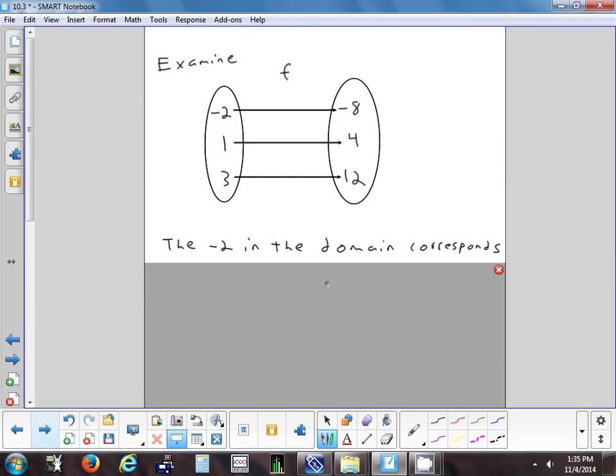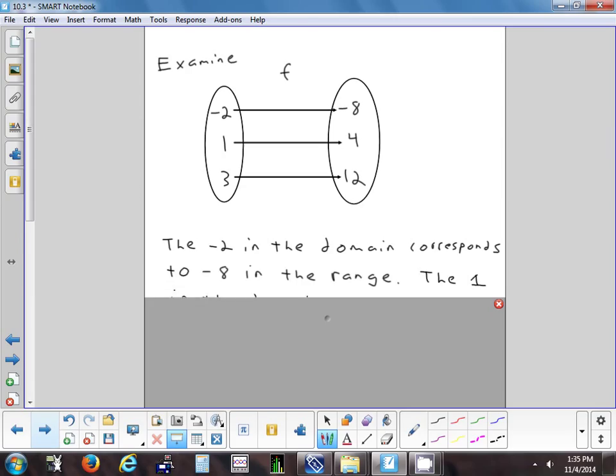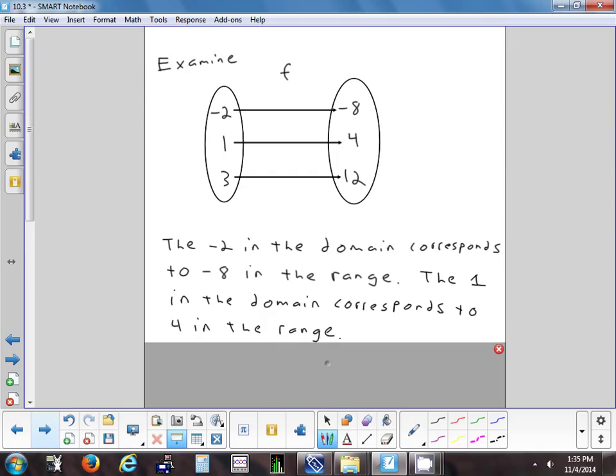We have a -2 in the domain. What does that correspond to in the range? -8. So hold on, guys, just pay attention for right now. How about the 1? What does the 1 correspond to? 4. So what this means is there's a formula. Usually behind every function there's a formula that if you have a value in the domain, somehow you are getting this value in the range.